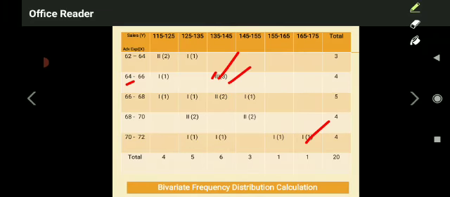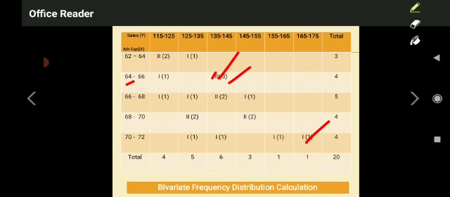These two values are again counted as 1. So there are a total of 3 observations falling between 135 to 145 sales and 64 to 66 advertisement expenditure.